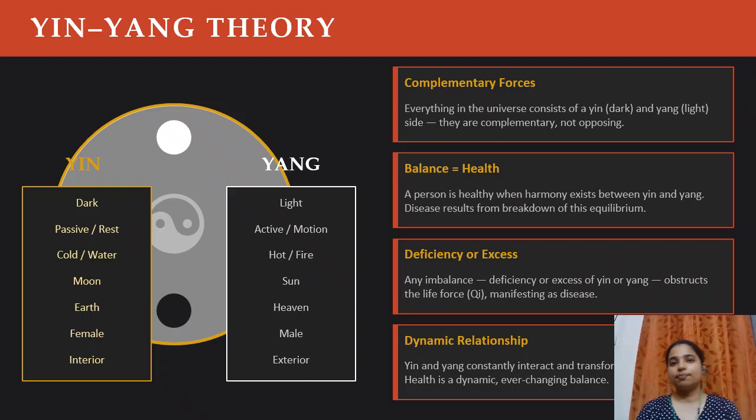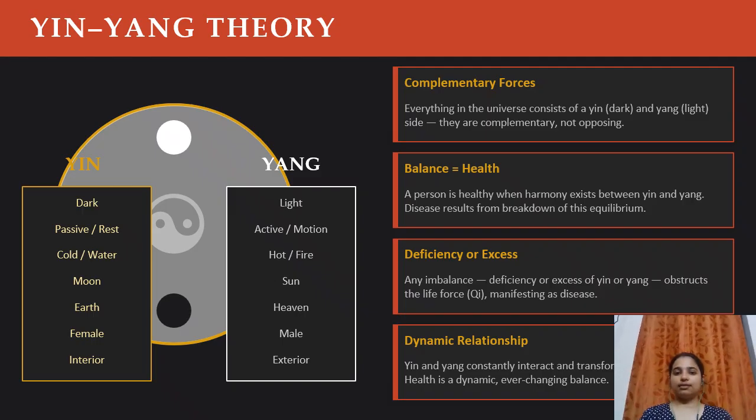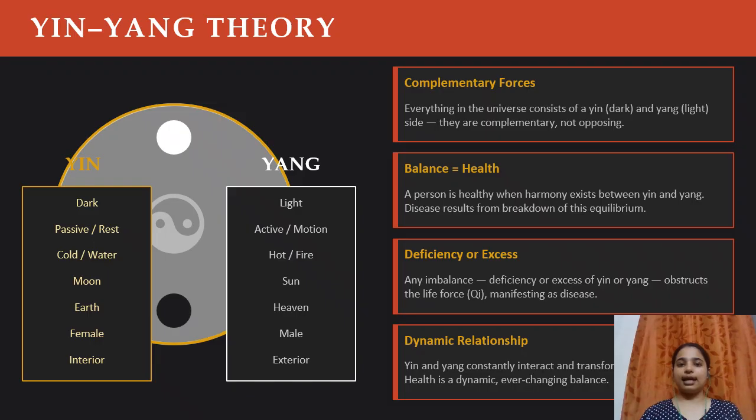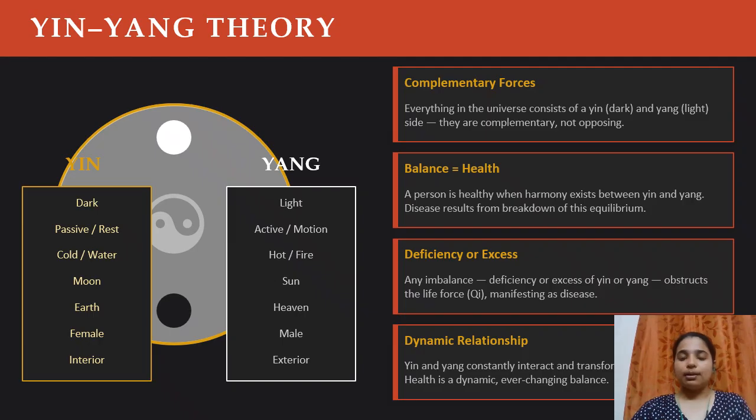So basically, these terms describe the yin energy, whereas light, active, hot or fire, sun, heaven, male or exterior describe the yang energy. One thing you should note here is that this is a philosophy.